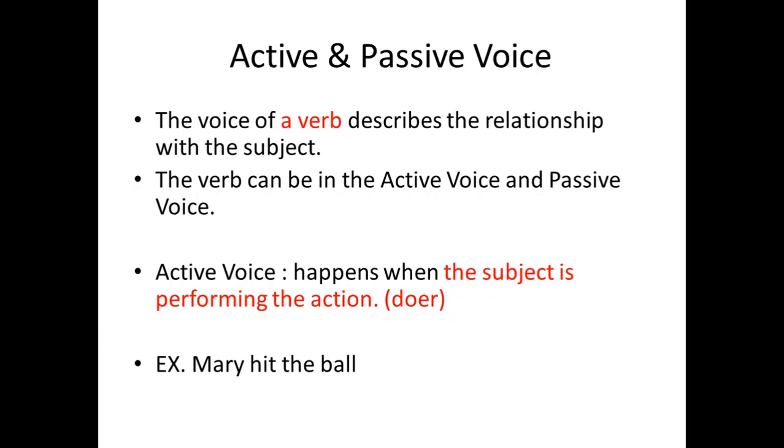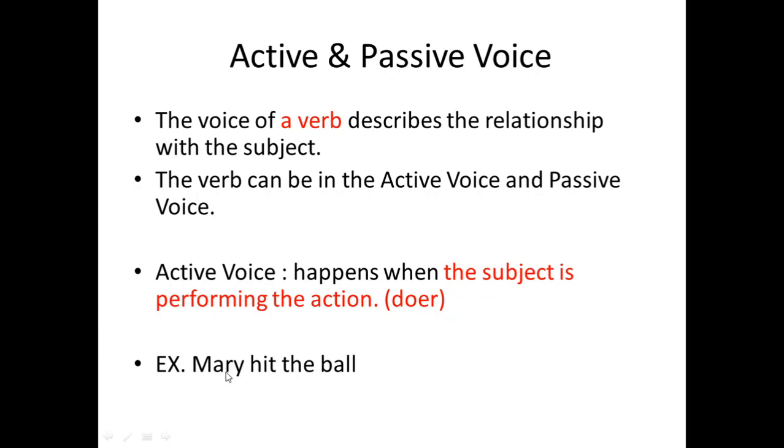So, as we said, always at the beginning we have a subject, and then the verb, which is hit, and then the ball. If we asked a question, what did Mary do? Because we said the subject is performing the action, can you tell me where the action is here?